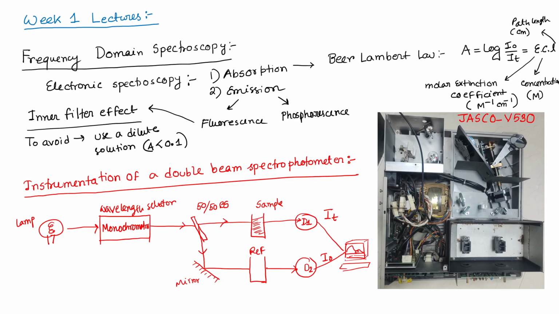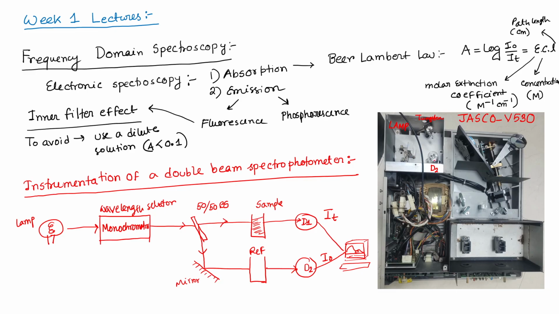So this is interesting, right? You can see the parts here. This is the lamp part. This is a deuterium lamp, which emits in the UV region. This is a deuterium lamp, D2, and this is a tungsten lamp. So there are two lamps, and there is a mirror.